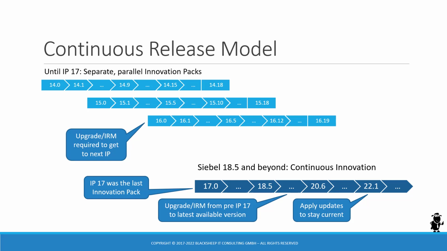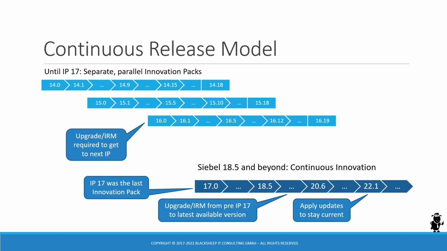It has shifted from an innovation pack or yearly or near yearly deployment model of new versions that have a definite endpoint, like Siebel IP14, IP15, or IP16. You got 1.5 years of patches and updates, and then that was it. You had to or have to upgrade to the latest version to get the latest patches and bug fixes.